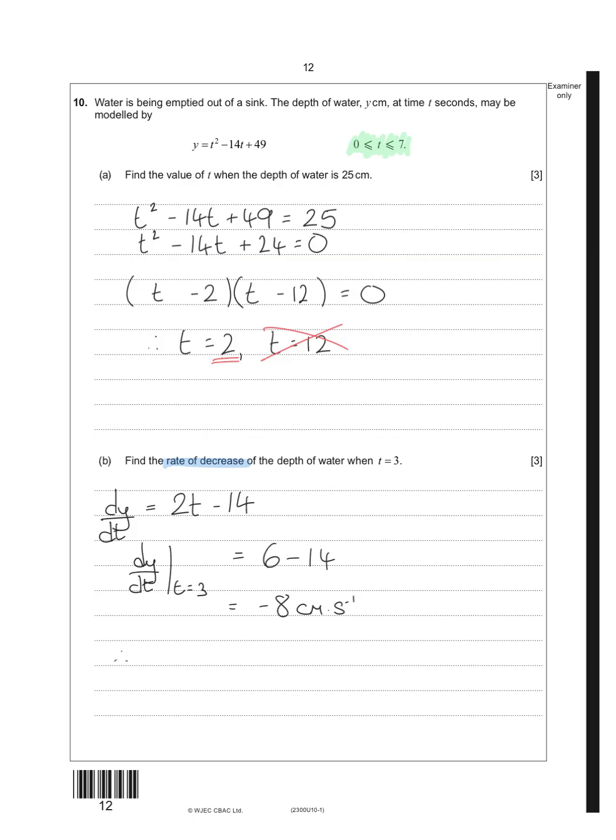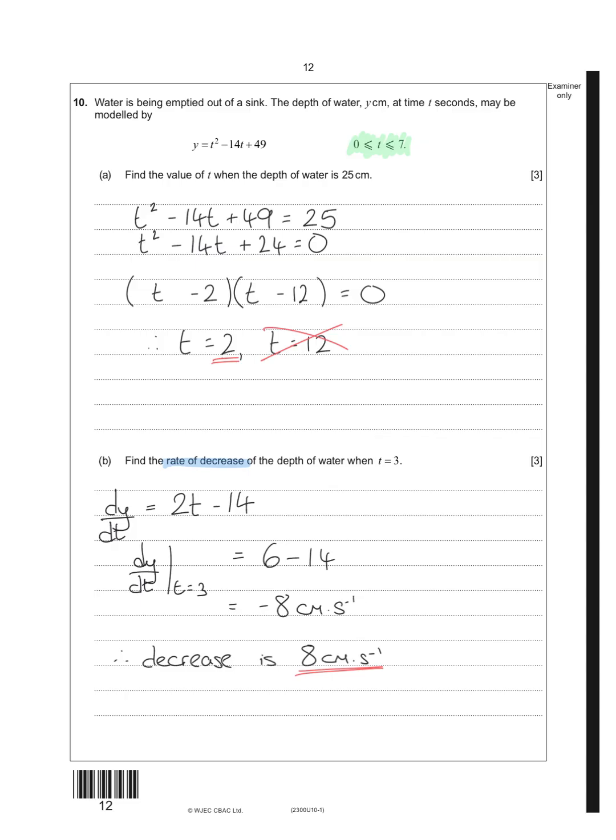Therefore, and remember the question asks for a decrease. Now, if you have a decrease of minus 8, that's actually an increase, so it is best for you to say the decrease is 8 centimeters per second. Okay, you may get away with an answer of minus 8, but it does specifically ask for a decrease, so the answer technically is that 8.